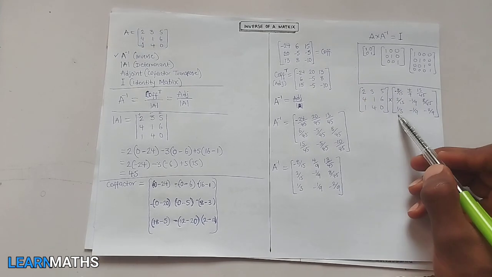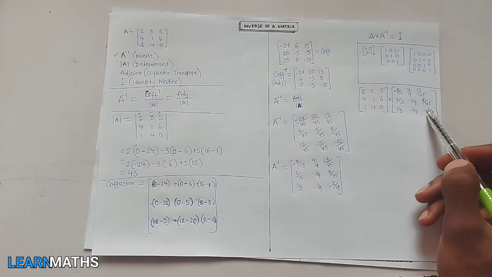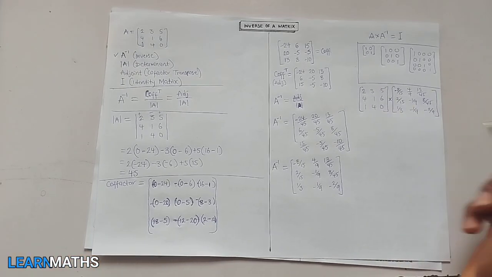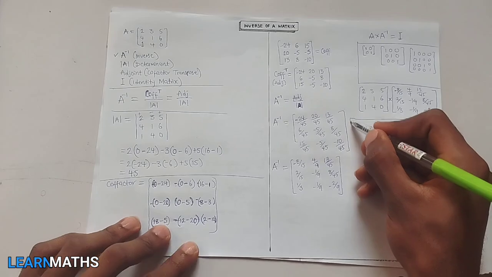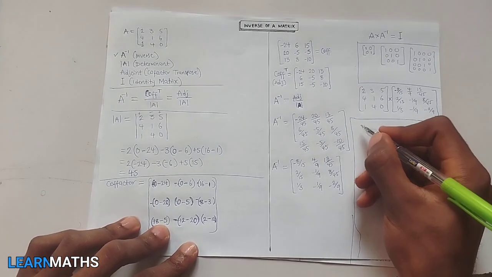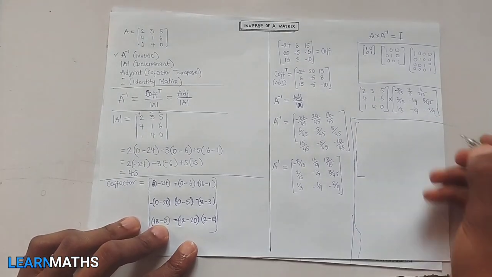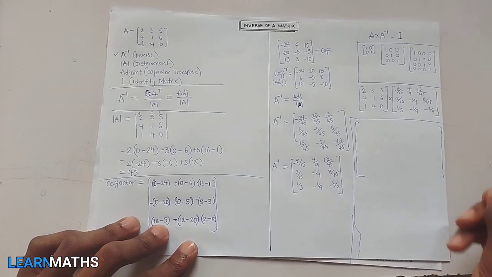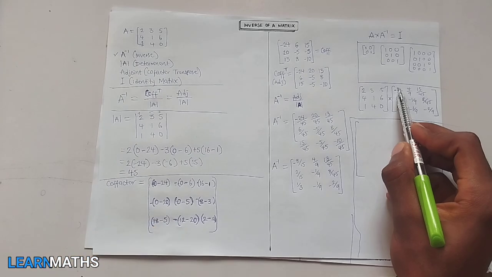Remember, you go in this direction. You use this term to multiply this, use this to multiply this. Let me just give you a hint of what you should be doing.